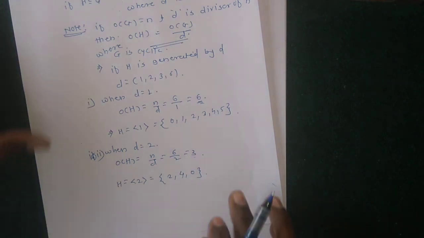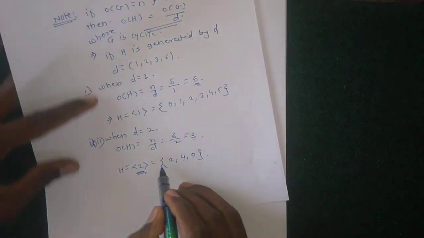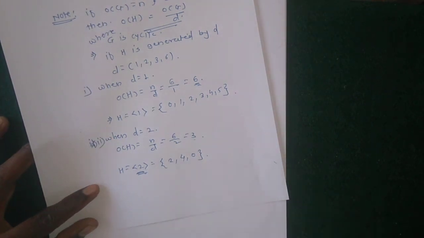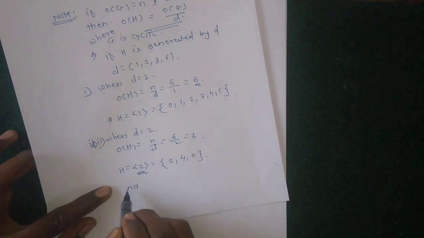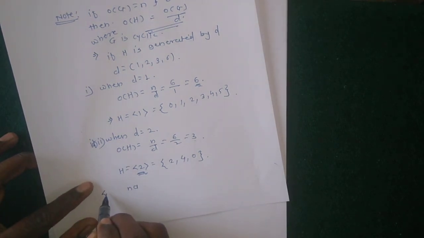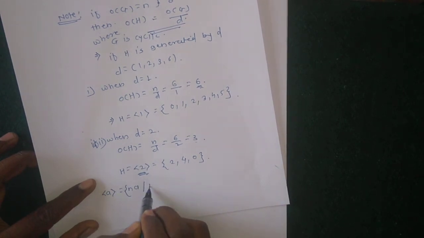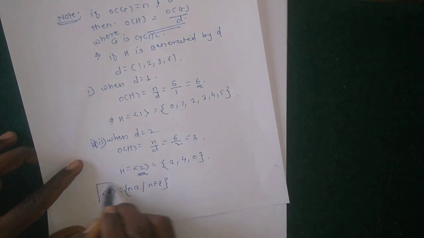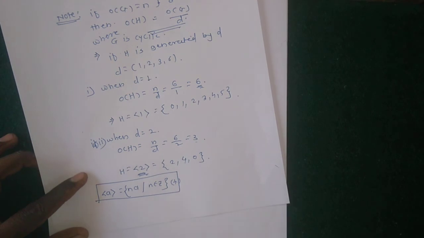For a cyclic group generated by a, with respect to addition, the elements of the subgroup generated by a are of the form n times a, where n belongs to the set of integers Z. This is the definition of the group generated by a with respect to addition.